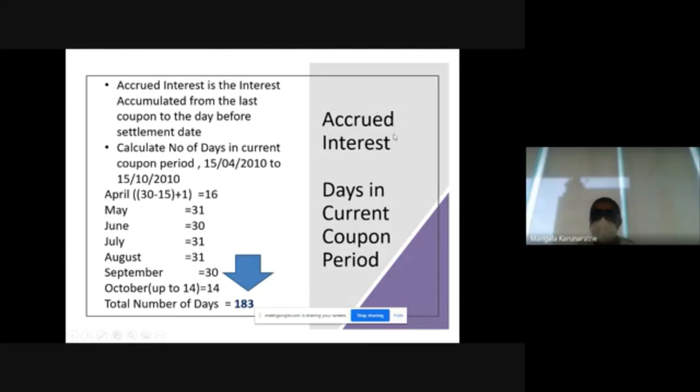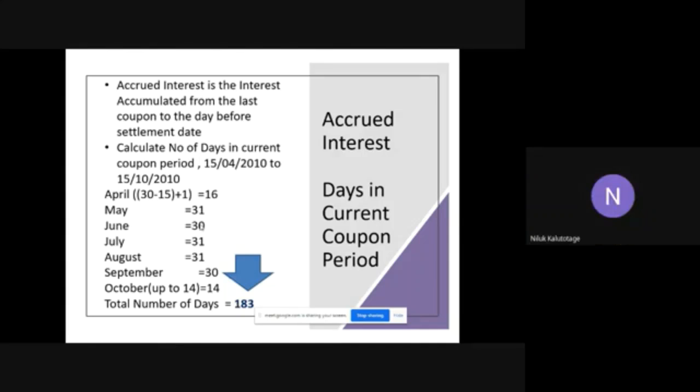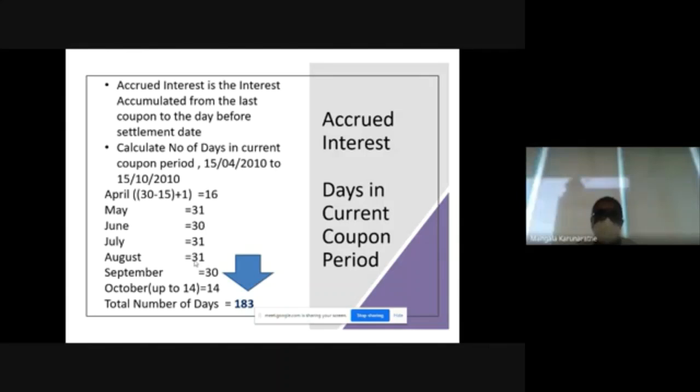In the accrued interest calculation, we have arrived at the days in the current coupon period: 183 days. Can I know whether everyone understood this? Yes, sir. This is easy actually, because you are calculating the number of days between two coupon dates, in other words, the number of days in the current running coupon.